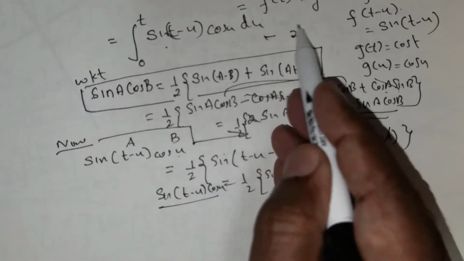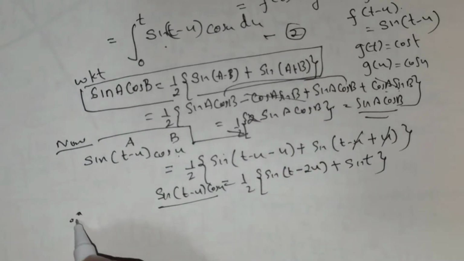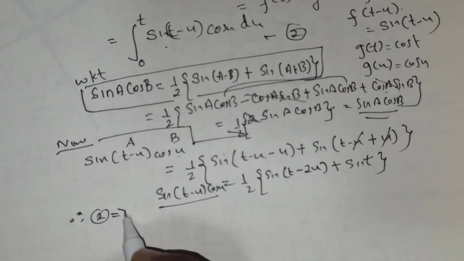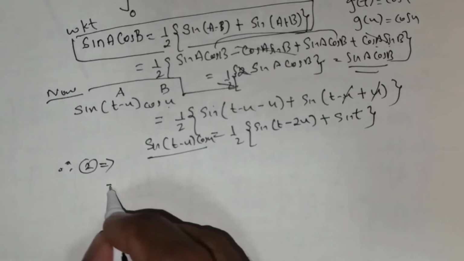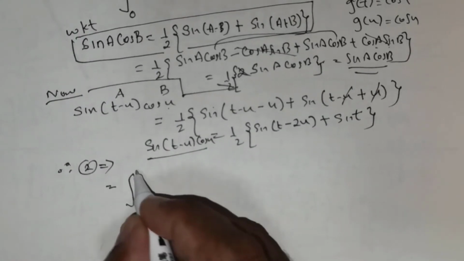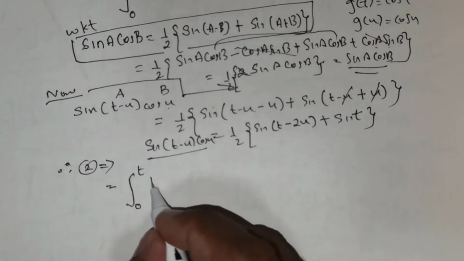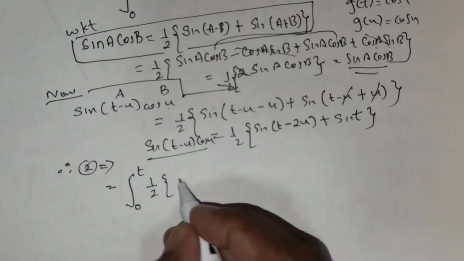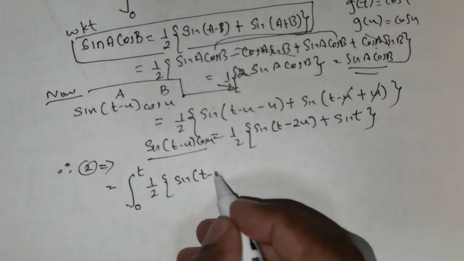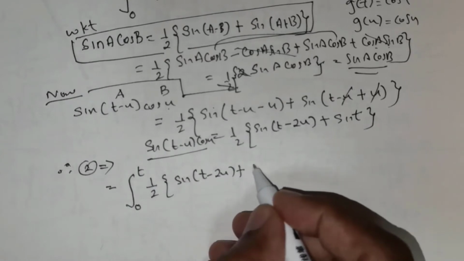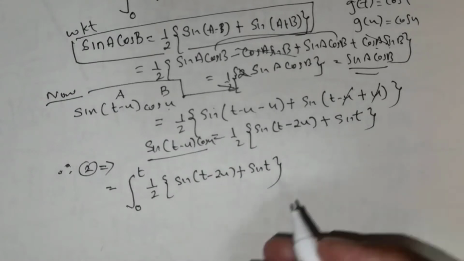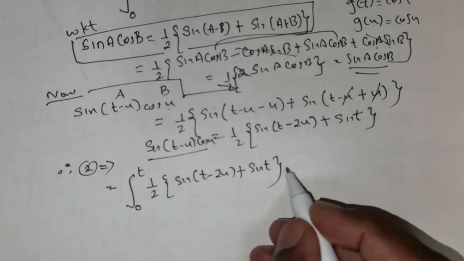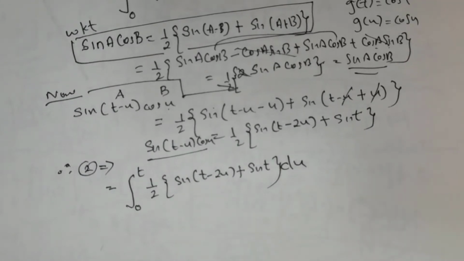If I take this as 2, it can now be rewritten as integral 0 to t of 1 over 2 times sine of t minus 2u plus sine t. Now this has to be multiplied with my du.